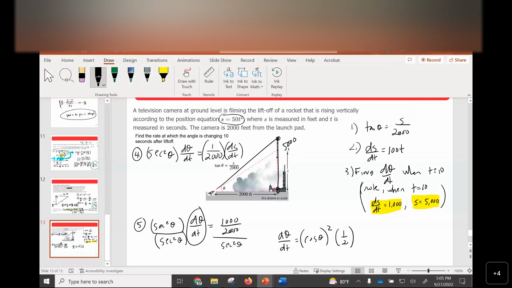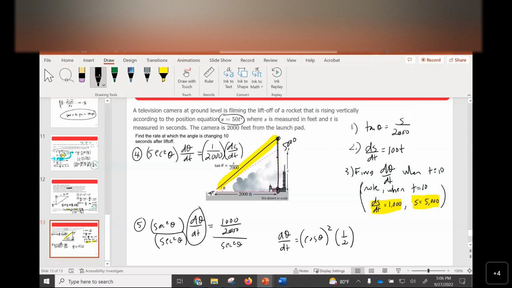Or I don't even worry about that. It's better not to deal with that and just to find the cosine of the angle, because we can find the cosine of the angle by doing the Pythagorean theorem to find this side right here. To find this distance is just the square root of 2,000 squared plus 5,000 squared. Does that make sense? Pythagorean theorem.